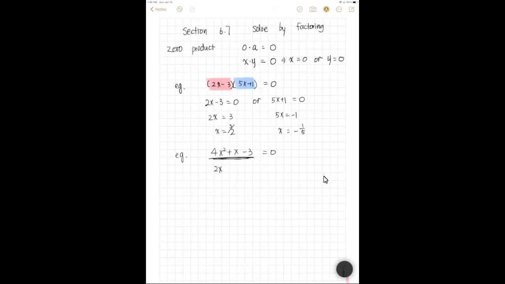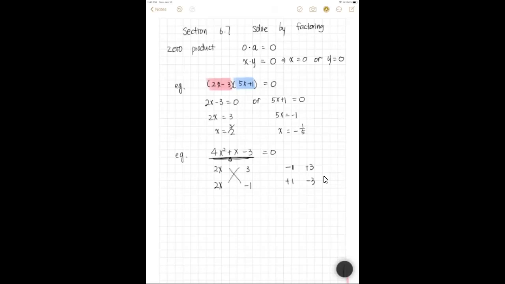We have 2x times 2x for 4x squared, and for negative 3, we can only have one combination, 1 and 3, because 1 times 3 is equal to 3. But since it's negative, you can either have negative 1 and positive 3 or positive 1 and negative 3. Since the middle term is positive, we're looking for the bigger number to be positive. So I have positive 3 and negative 1.